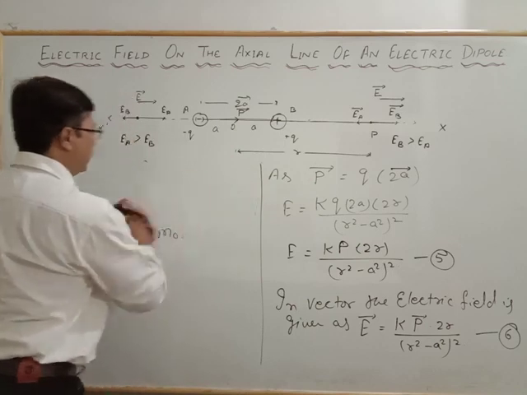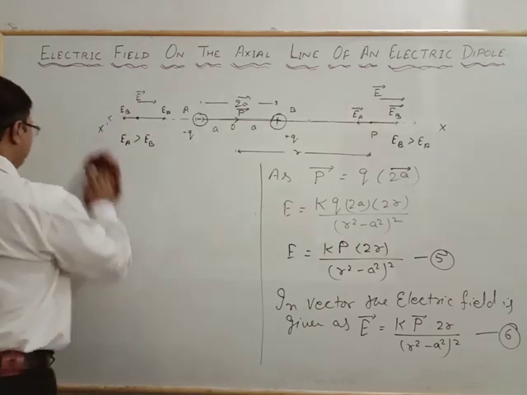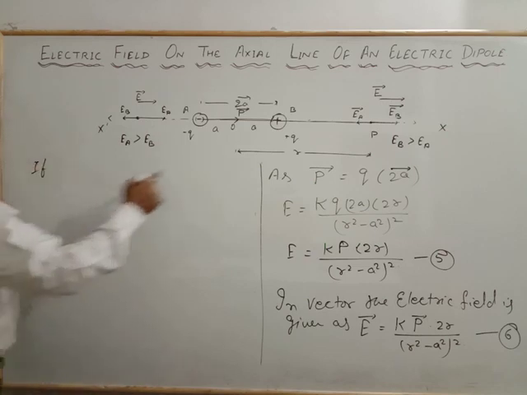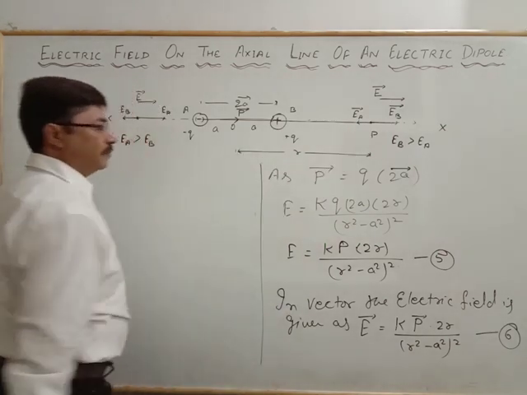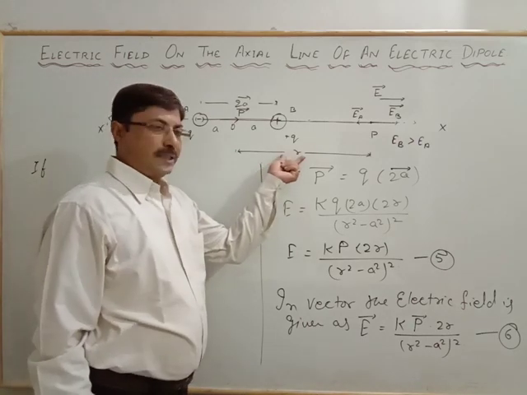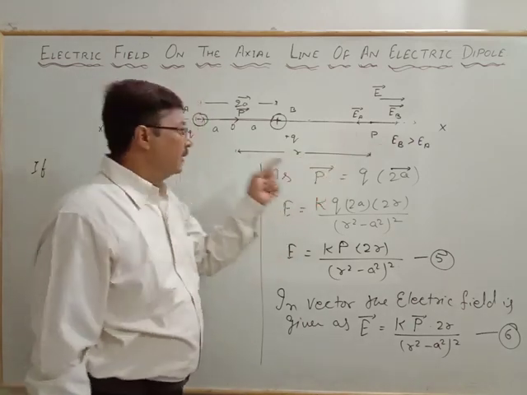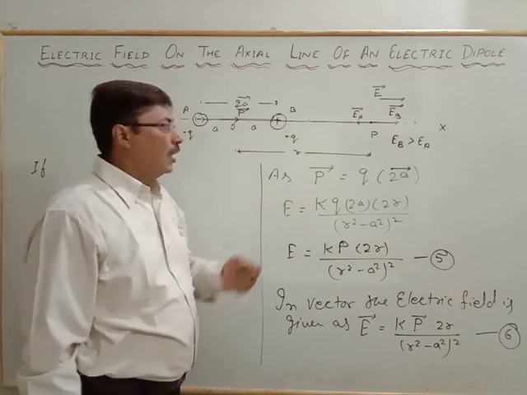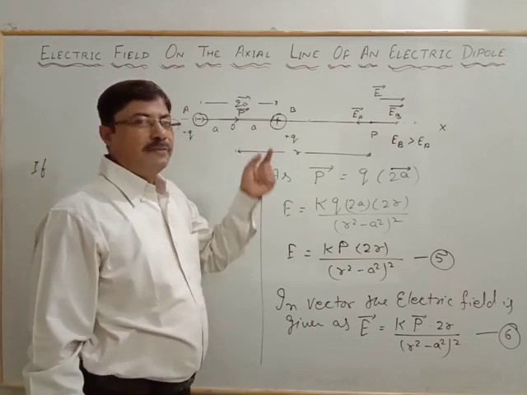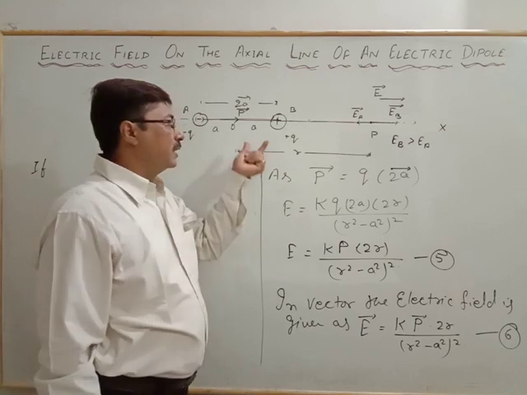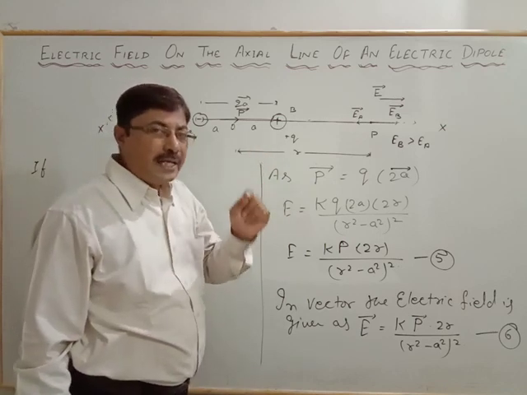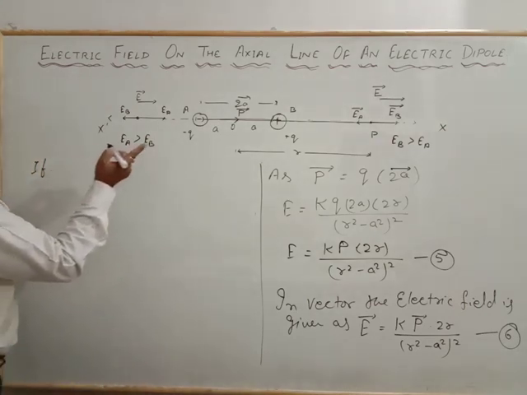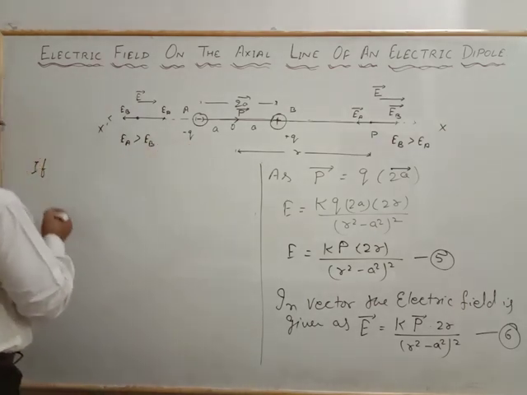Case: if r is at infinity, or we can say not infinity, but such a distance that the dipole length is almost negligible, so small that we do not consider it, we neglect it. In that case, consider the electric field for a point at a large distance.